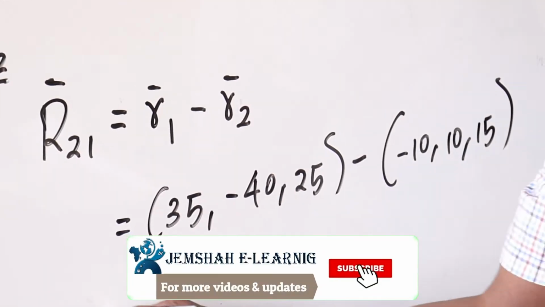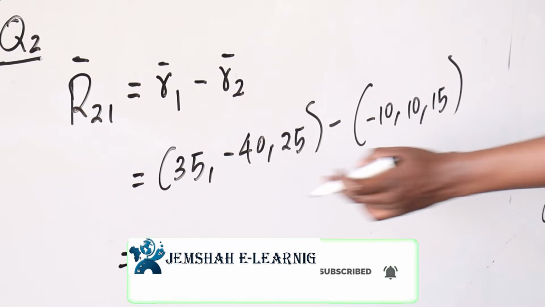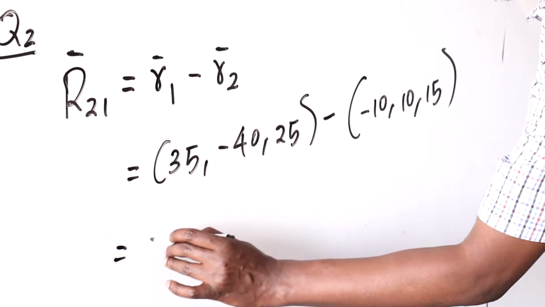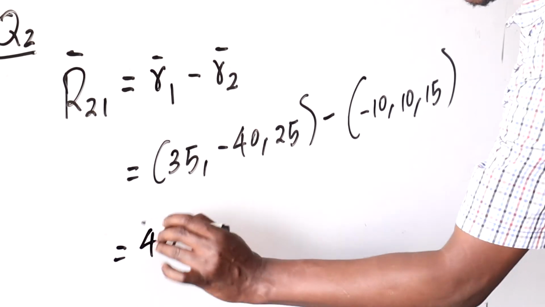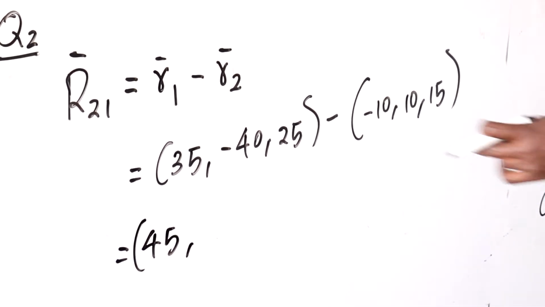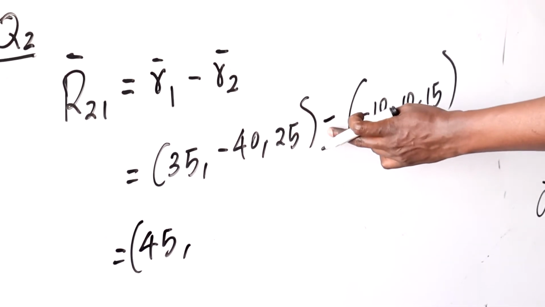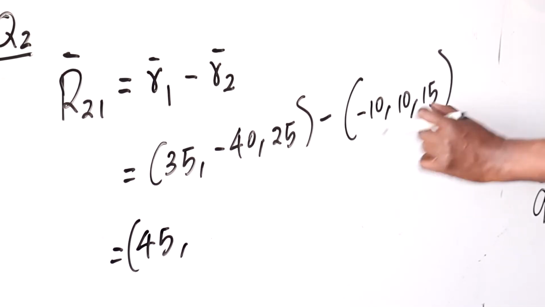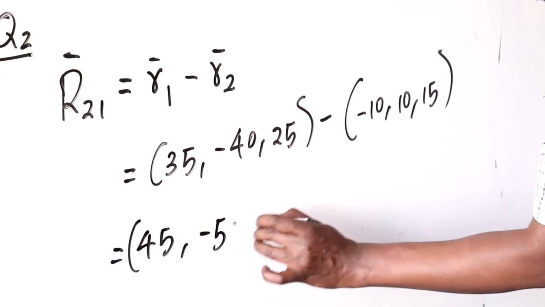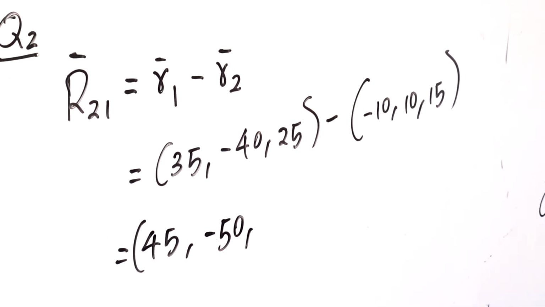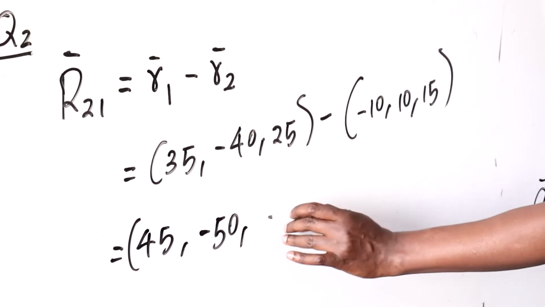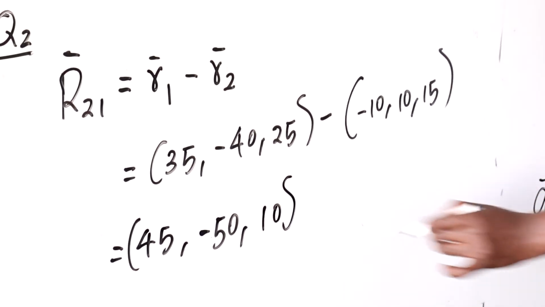If we compute that, we have 35 minus negative 10, that will give me 45. Then we have negative 40 minus 10, that will give me negative 50. Then we have 25 minus 15, that translates into 10.